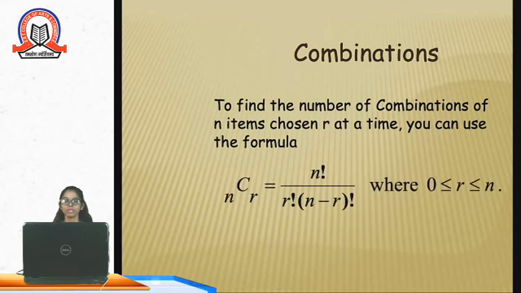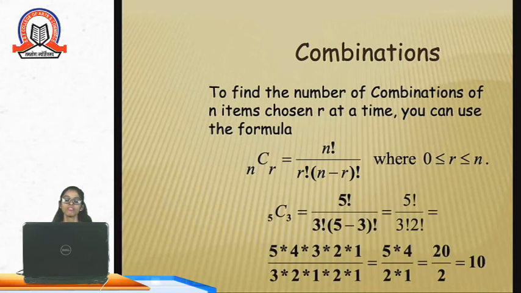Now to find the combinations from n items chosen r at a time, we can use the formula n factorial divided by r factorial multiplied by (n minus r) factorial. And the notation is n capital C with suffix r, nCr. For example, 5C3. In 5C3, n value is 5, r value is 3. Put in the formula, find the factorial answers and then calculate it. We get for 5C3 the answer is 10.